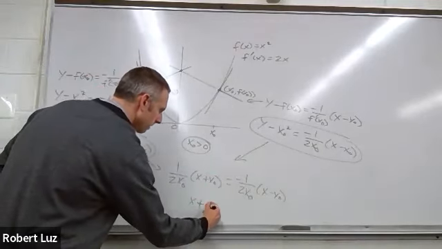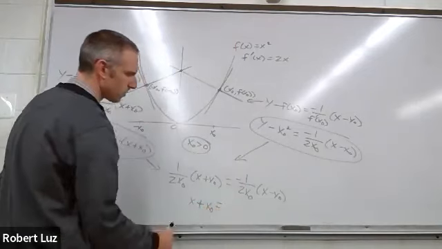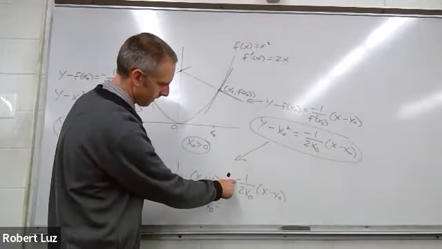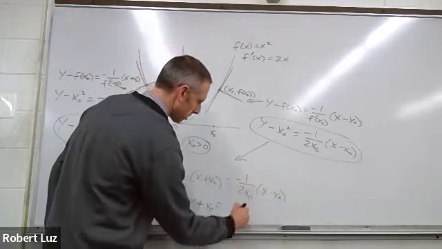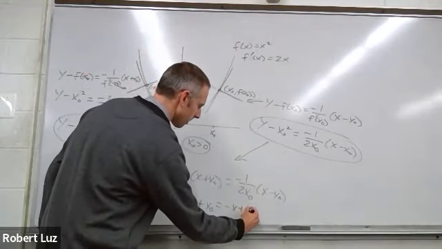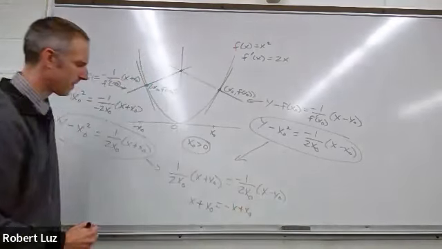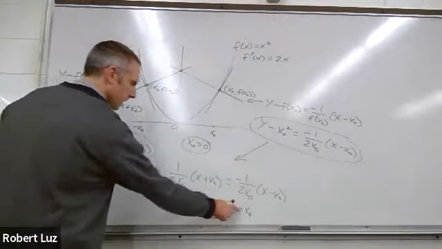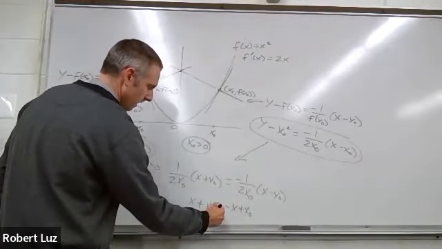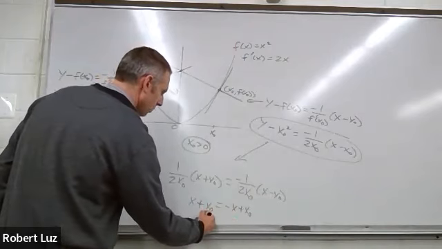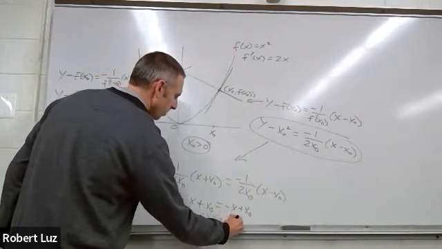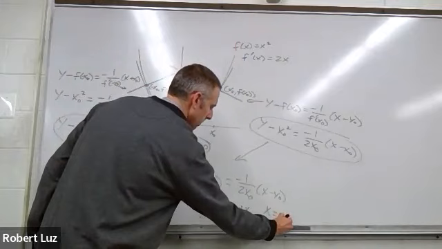Because x plus 0 is equal to, remember the minus out here, you get negative x plus x0. What happens? The x0s cancel, so you get x is negative x, or 2x equals 0. In other words, x must be 0.